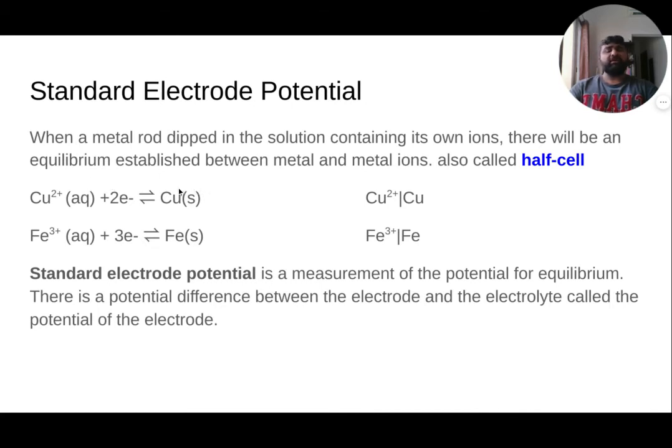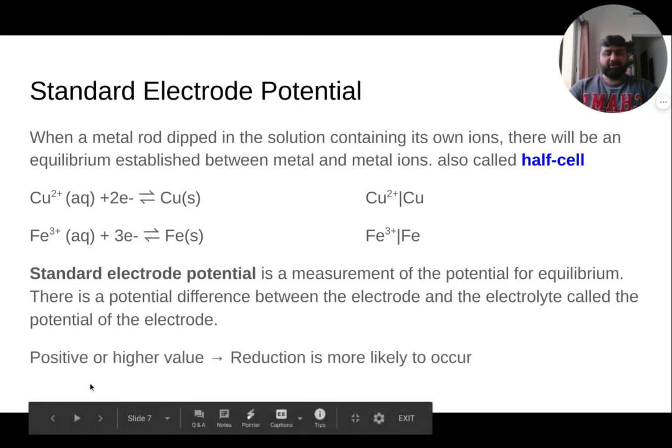Forward is reduction, sorry, and backward is oxidation. But there will be a value where both are happening simultaneously, which is called equilibrium. Standard electrode potential is the voltage where the equilibrium is achieved. You don't have to understand it fully, you just need to identify the actual idea, which is the values.